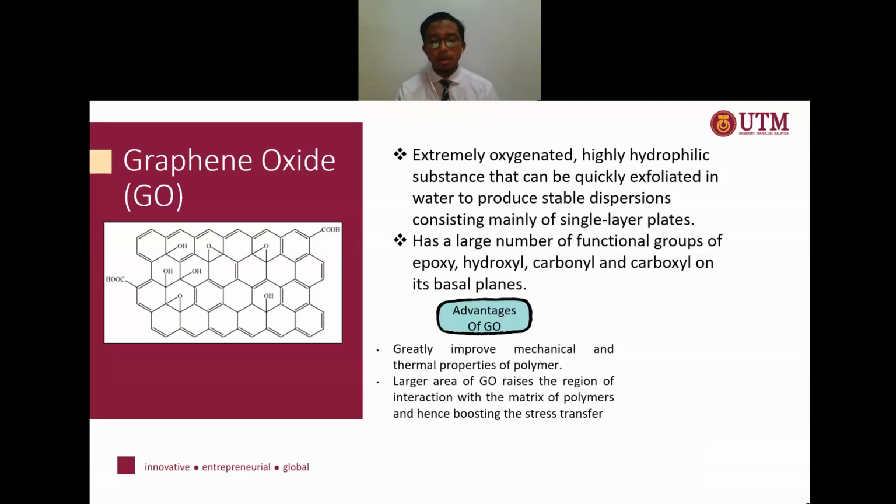The advantage of graphene oxide is that it can greatly improve the mechanical and thermal properties of polymers, and it has been proven by previous studies. The larger area of graphene oxide raises the region of interaction with the polymer matrix, and due to that, it boosts the stress transfer.